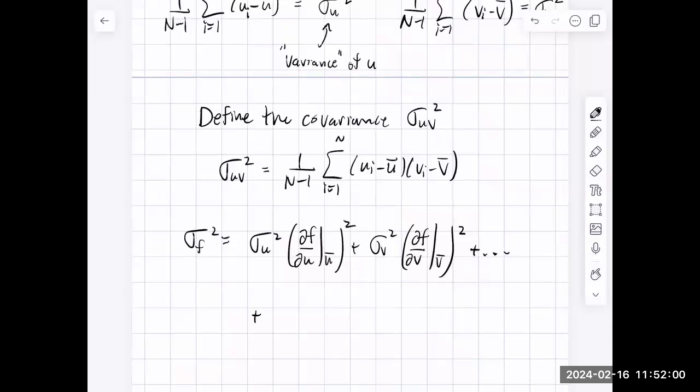And then we're going to have this covariance. So we're going to have the covariance times the product of 2 derivatives, one with respect to u and one with respect to v. So this is going to be sigma uv squared. Remember, there was a factor of 2 for our cross-term multiplication. And then we have df du evaluated at u bar, df dv evaluated at v bar, and there might be more covariance terms hanging around.